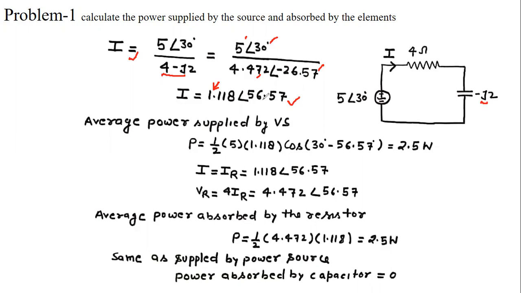Know how to find the polar form, the rectangular form, and how to convert polar form to rectangular or rectangular to polar, because this will help you solve problems very easily and in very little time. You will find the advantage of this in different competitive exams. So now the current in my circuit becomes equal to this.